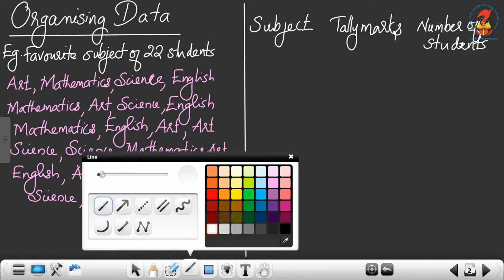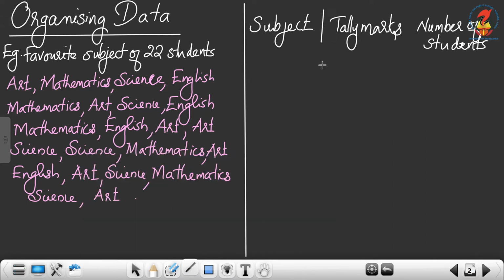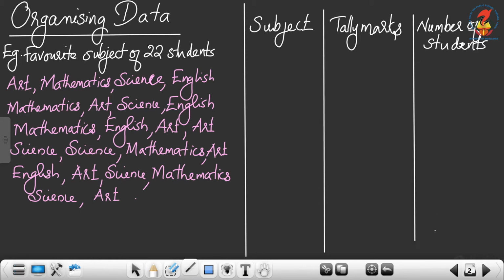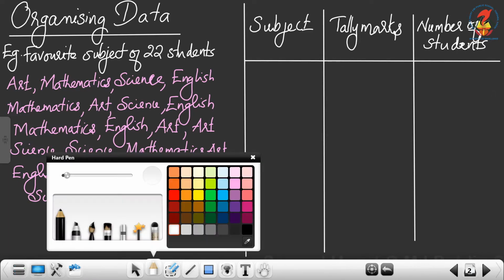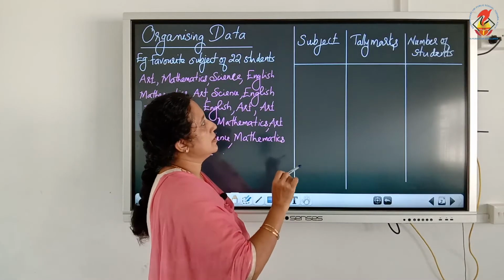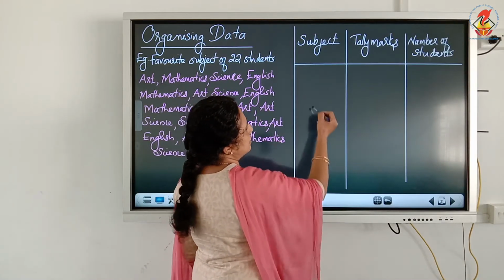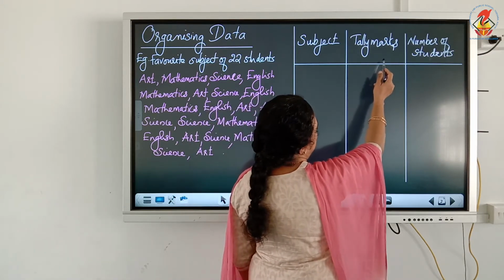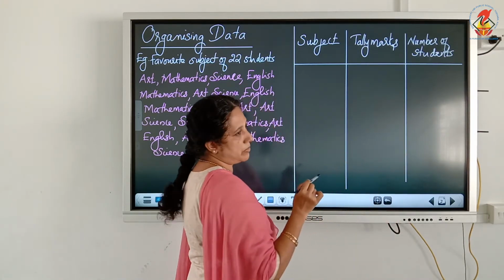So we have to make a table. Now we have 3 columns. In the first column we write down the subject, second column tally marks, and third column number of students.